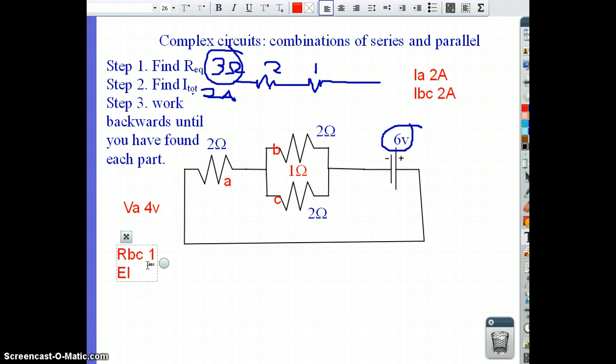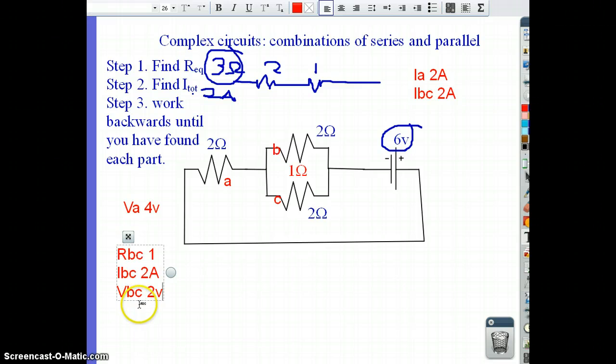Current BC is equal to 2 amps. Well, the only thing we don't know then is the voltage of BC. So let's look at this. V equals I times R. So the voltage therefore must be 2 times 1, 2 volts.